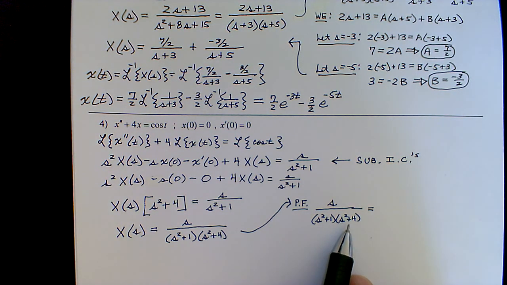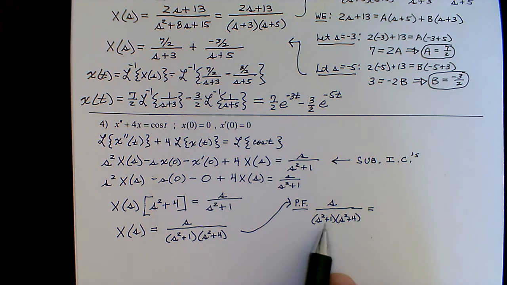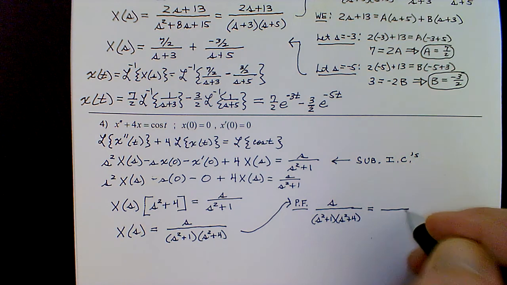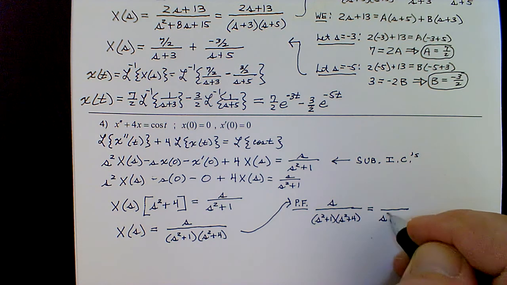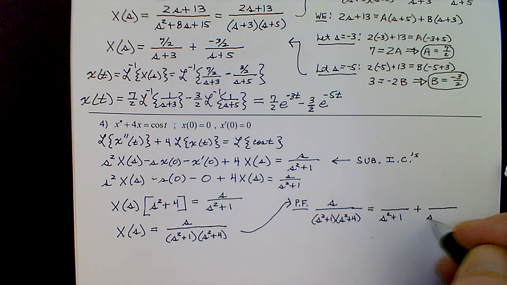We have two irreducible quadratic factors, and so we can't factor those because it's the sum of two squares. So we're going to have two fractions, one with s squared plus 1 and one with s squared plus 4.